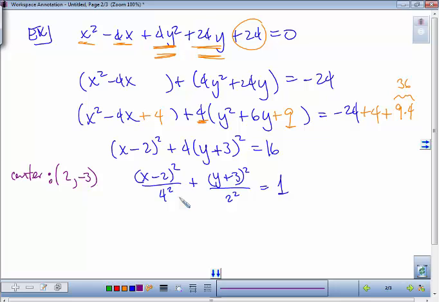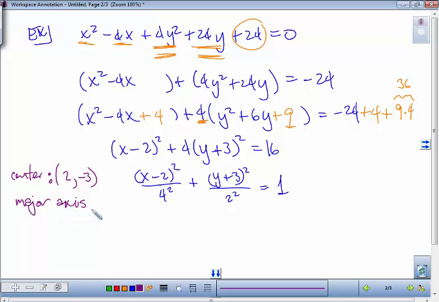The focus is a little bit more complicated. Let's see. Which one is the major axis? The variable, or not the coefficient, but the denominator under the x is larger.